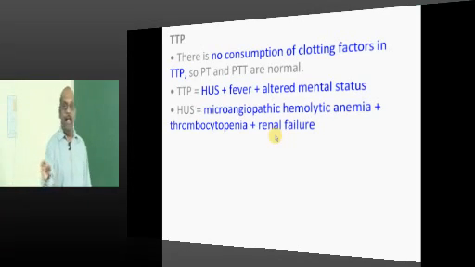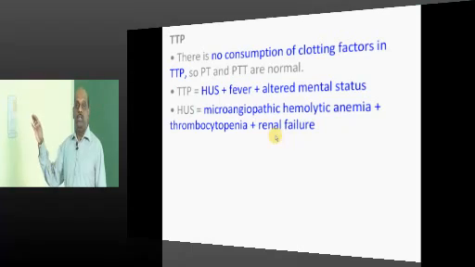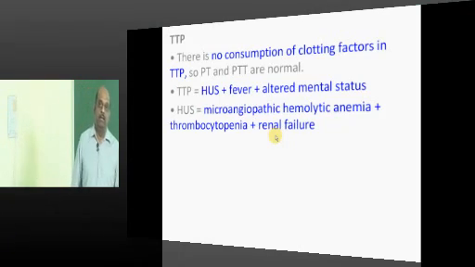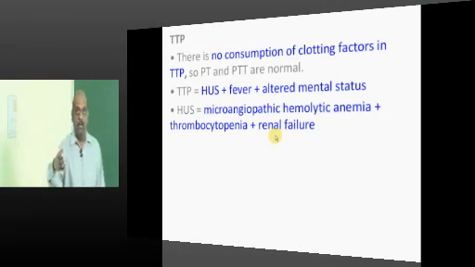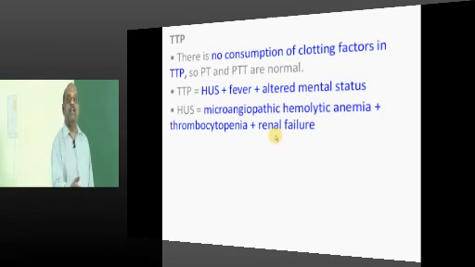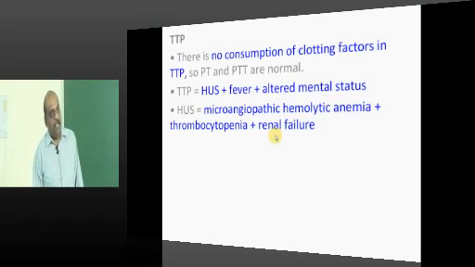After 2 to 3 days after a GI tract infection, he develops uremia, thrombocytopenia, fever, altered sensorium, and you discover that he is suffering from TTP or HUS.